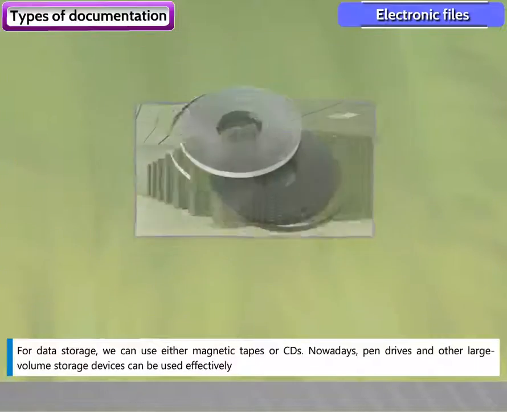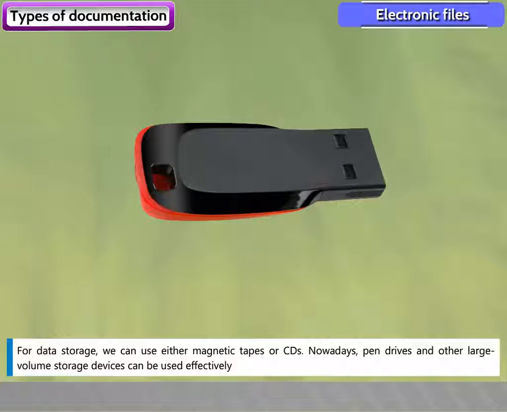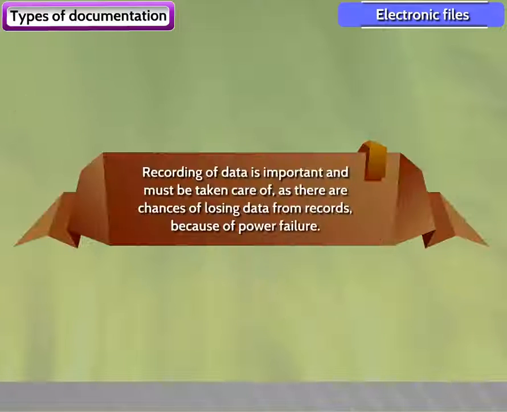For data storage, we can use either magnetic tapes or CDs. Nowadays, pen drives and other large volume storage devices can be used effectively. Recording of data is important and must be taken care of, as there are chances of losing data from records because of power failure.